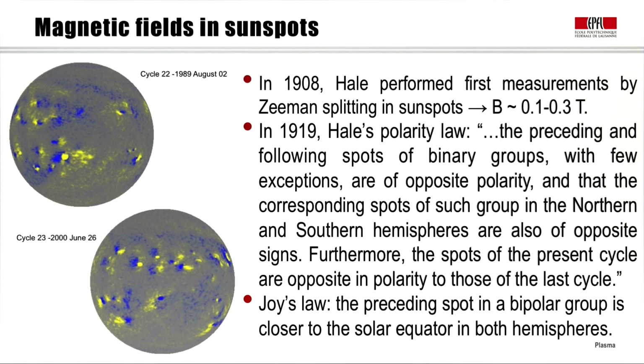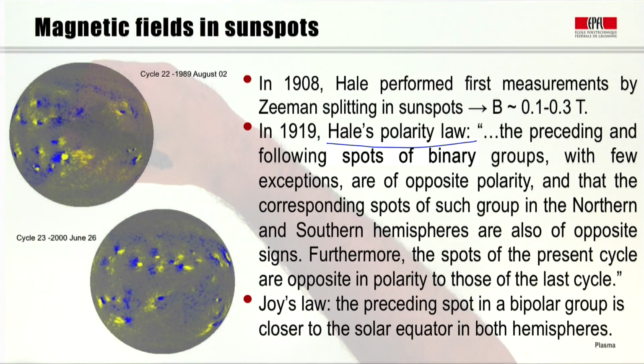About 10 years later, he made observations that resulted in what is now called Hale's polarity law. Hale's polarity law is illustrated in this picture, which shows a magnetogram from cycle 22 on 2nd of August 1989. Blue color identifies magnetic field lines that are pointing away from the Sun. Yellow color identifies magnetic fields that are entering the Sun.